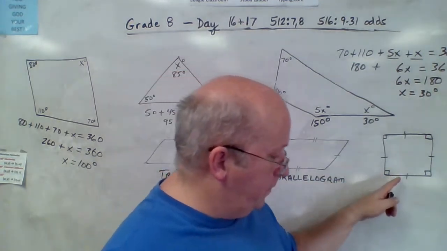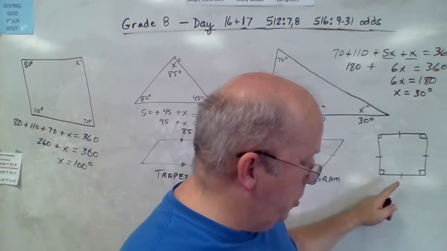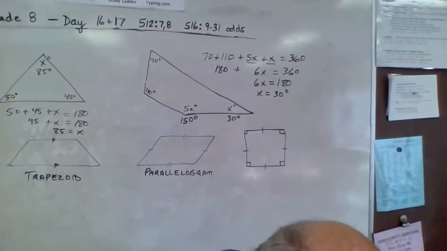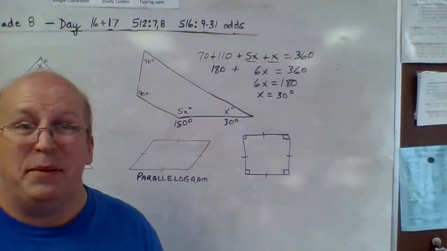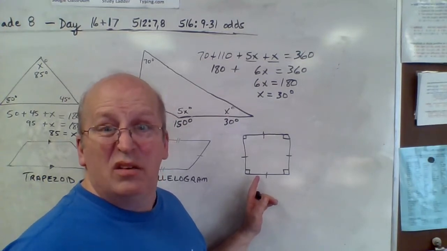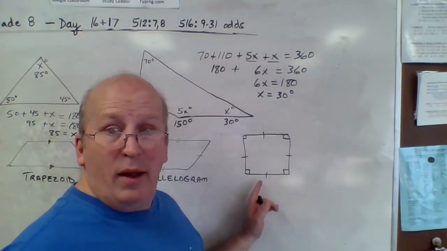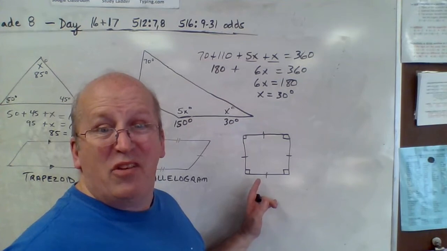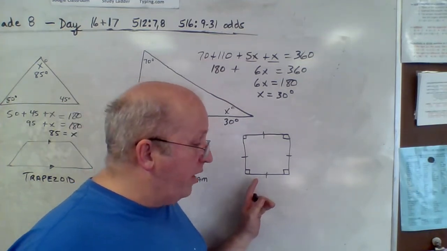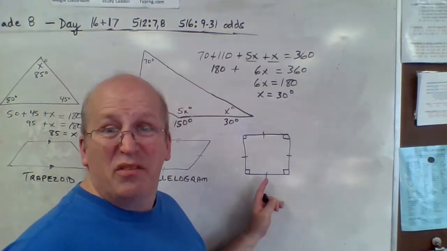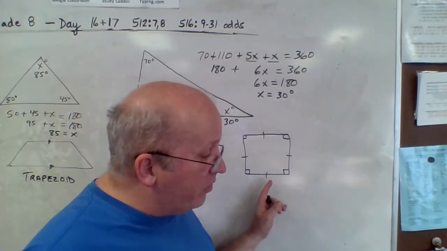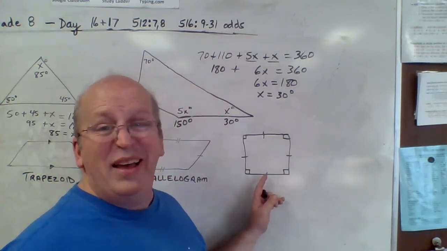How about this last one? I can think of 5 different names for it, and all 5 of the names would technically be correct. This is a quadrilateral. This has 4 sides. It's a parallelogram because opposite sides are parallel to each other. It's also a rectangle because rectangles have 4 right angles. It's also a rhombus because rhombuses have 4 congruent sides.